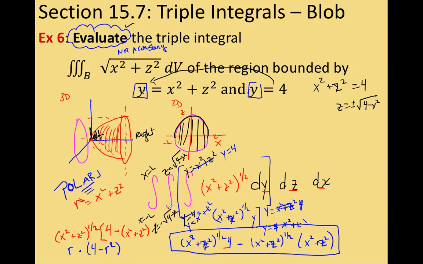Now look at what I'm going to do with my bounds, right? Just like what we did before. What's my radius? My radius is just 2. And my theta is all the way around the circle.